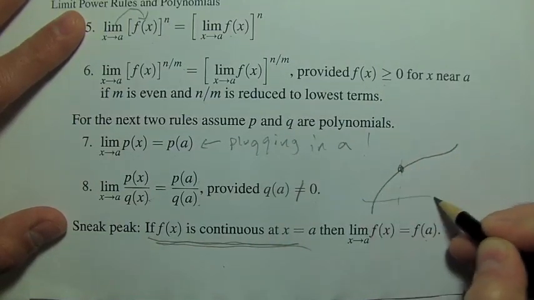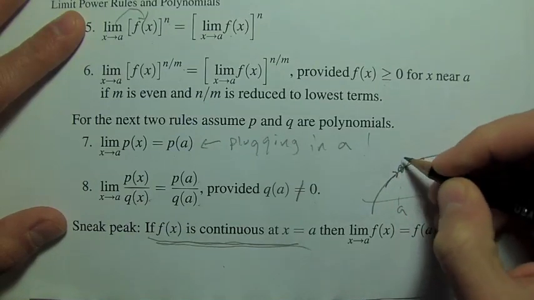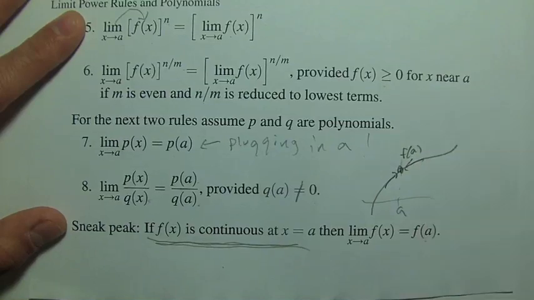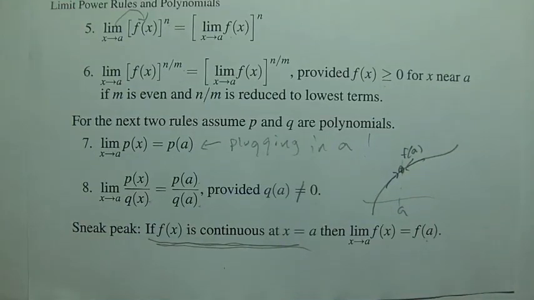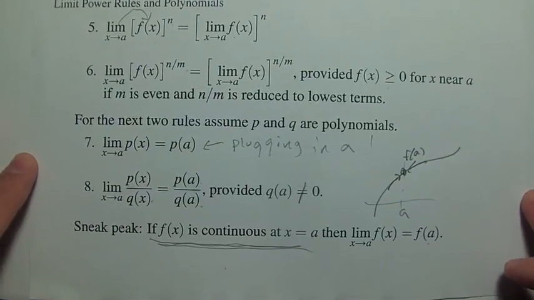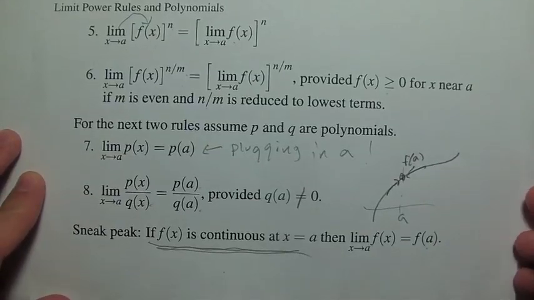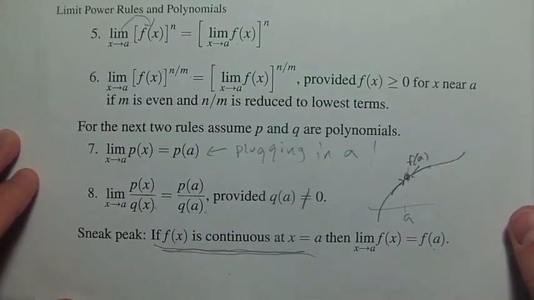And if this is a, its limit from both sides is going to f of a. So the limit and the function value will match, provided the function is continuous. Okay, so these are our limit rules so far.